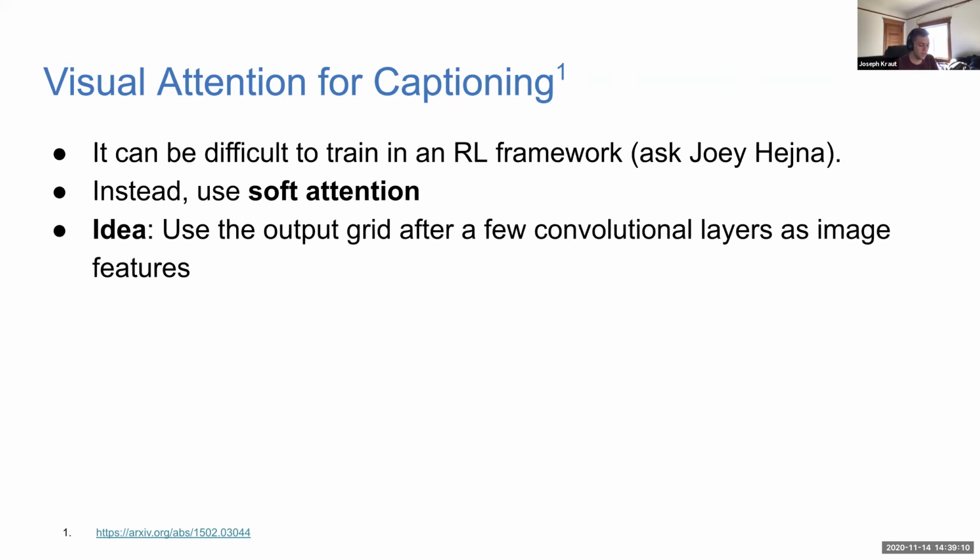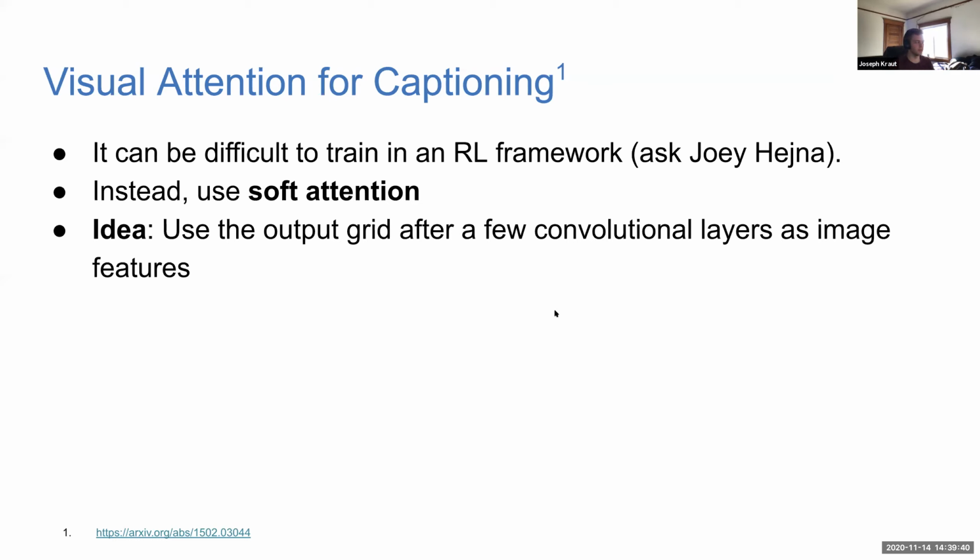So the idea is to use the output grid. If you're trying to caption an image, use the output grid of a few convolutional layers as image features. If you remember from your workshop on CNNs, if we pass an image through a few convolutional layers, you'll get a much smaller grid of pixels, but each pixel is the result of processing a bunch of pixels in the image.